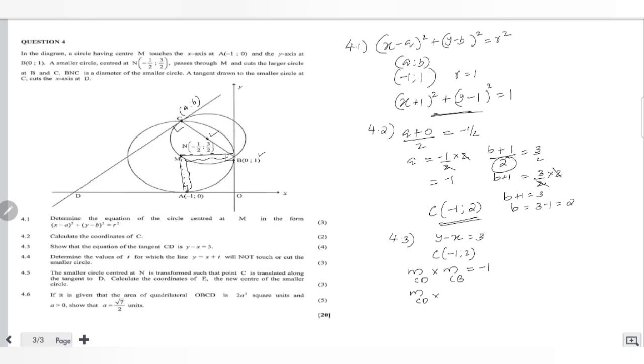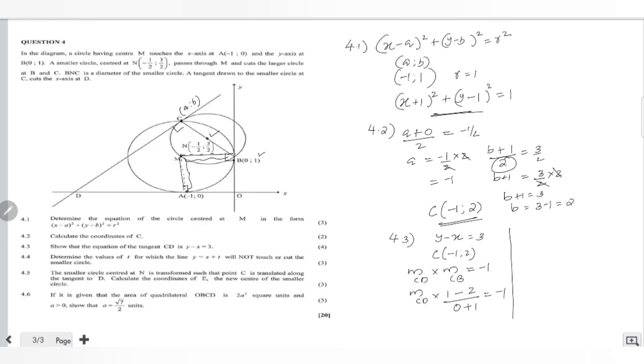So what is B? B is 0, 1, that is y2 is 1 minus y value of C is what? 2, divided by x2 minus, that is 0 minus minus 1, that is plus 1. Is it clear? Okay. So we got the gradient is equal to minus 1.